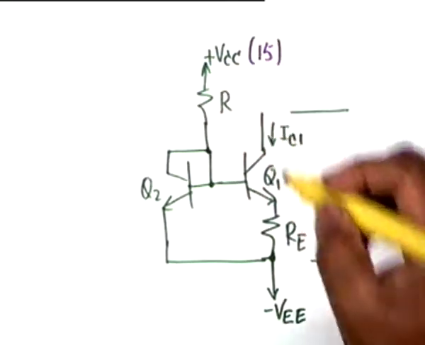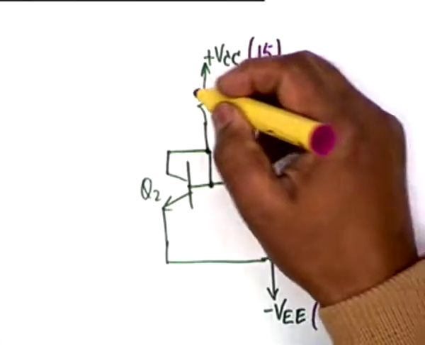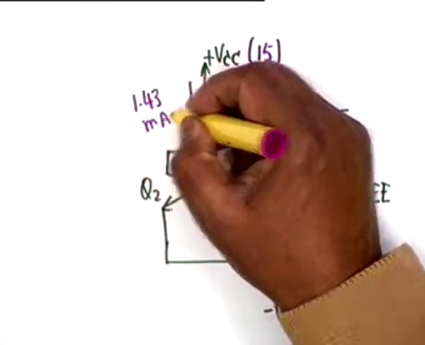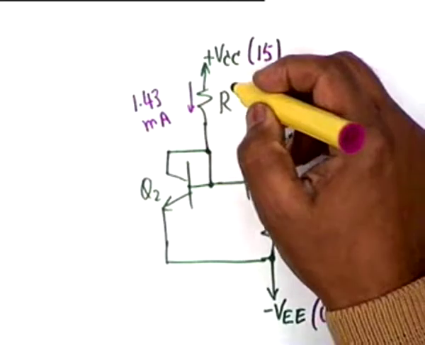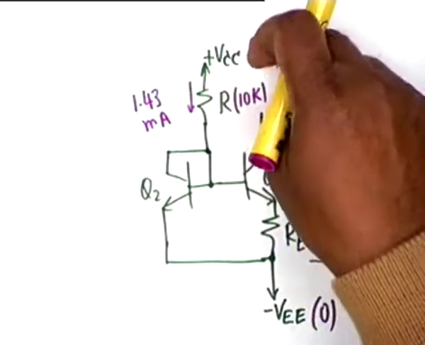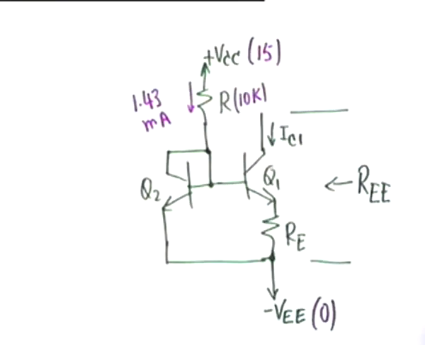VCC was taken as 15, VEE was taken as 0. The reference current was taken as 1.43 milliampere, which means that this resistance is equal to 10K. 15 minus 0.7 divided by 10K is 1.43 milliampere.